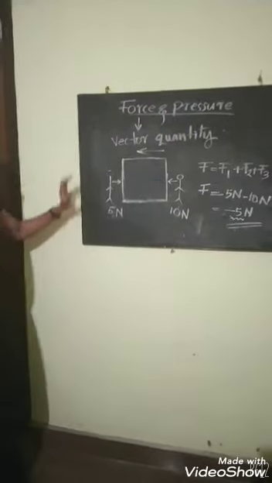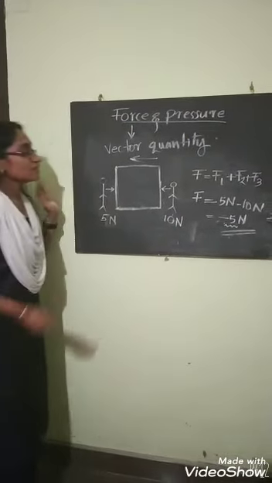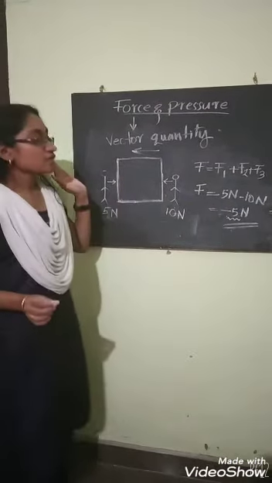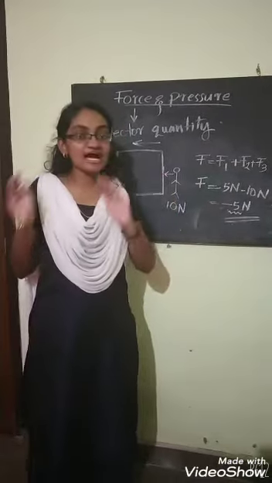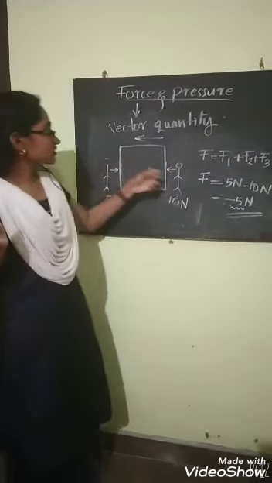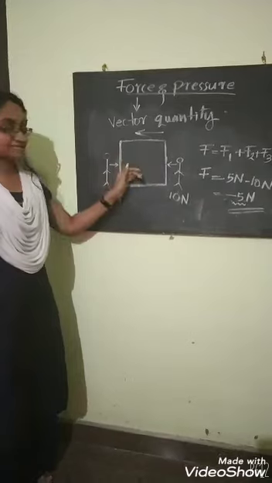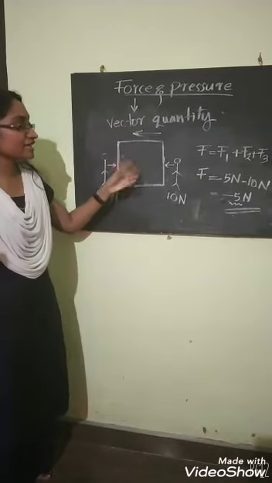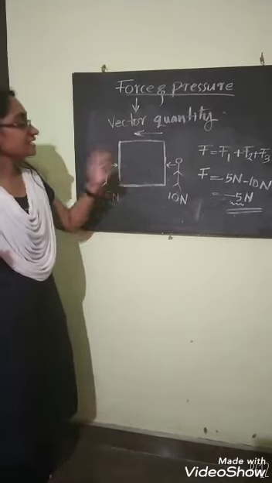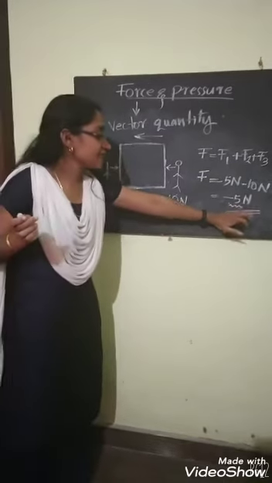So we can conclude this session as follows: when the forces are acting in the same direction, we find the resultant force by adding all these forces. And when the forces are acting on opposite sides, what do we do? We find the difference of the magnitudes of the forces, and we get a direction and a magnitude.